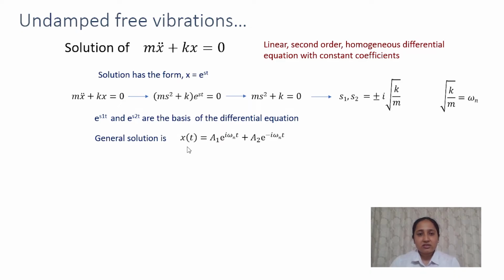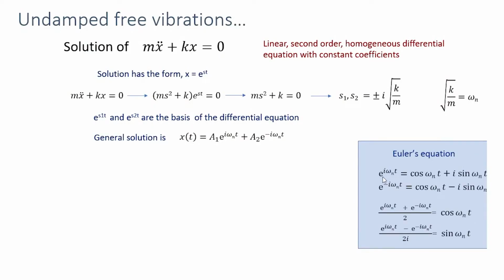That is, x of t is equal to a1 e to the power i omega nt plus a2 e to the power minus i omega nt. a1 and a2 are constants which can be calculated using the initial conditions of our differential equation.